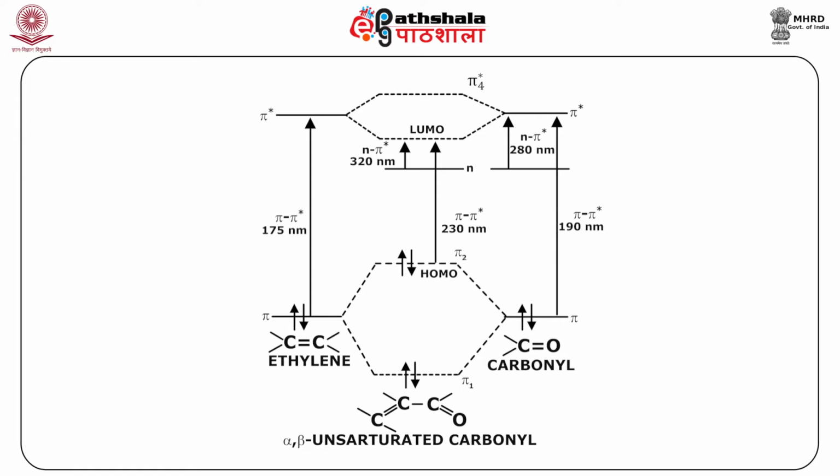However, the energy of the n to pi star transitions does not decrease as rapidly as that of pi to pi star transitions. Now, if the conjugated chain becomes long enough, the n to pi star band is buried in the more intense pi to pi star band system.